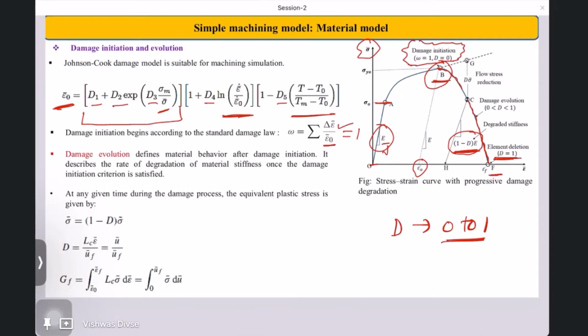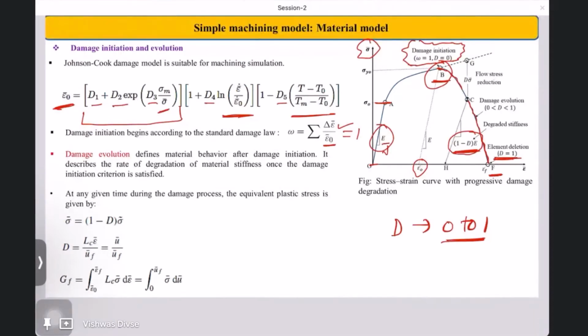So at point F, D is 1, so the element will be deleted from the mesh and your chip formation process will continue. It means we started with zero loading, we moved to A with elasticity, A to B plasticity, and then B damage initiation, and gradually B to F, that phase is damage evolution.